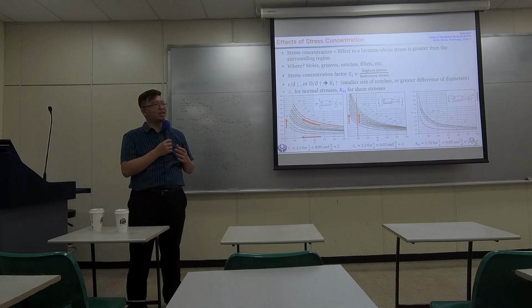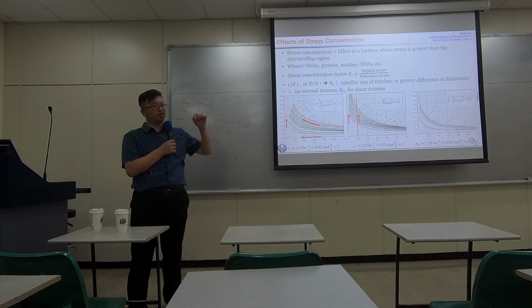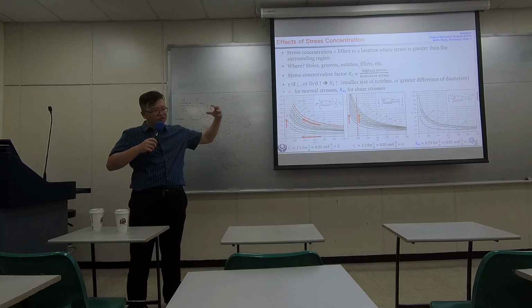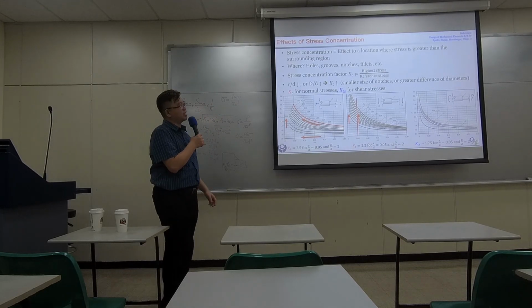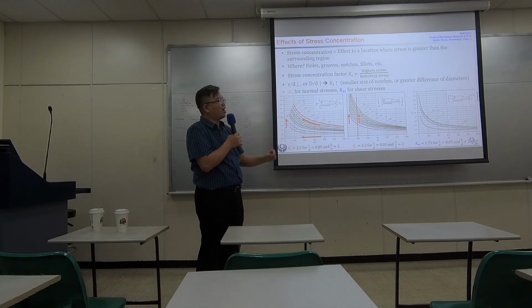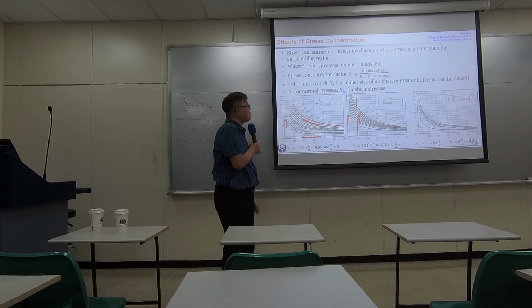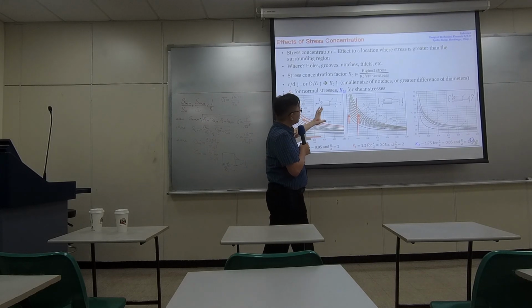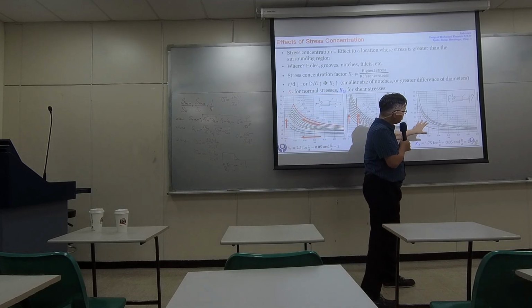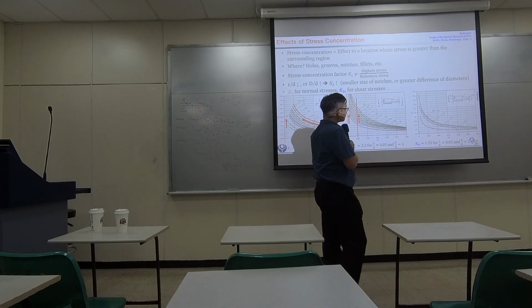Do not make a sudden change of the diameter, because that's gonna cause stress concentration at the corner. So if the shaft is gonna break, those corners could break more easily, because the stress over there is actually greater.